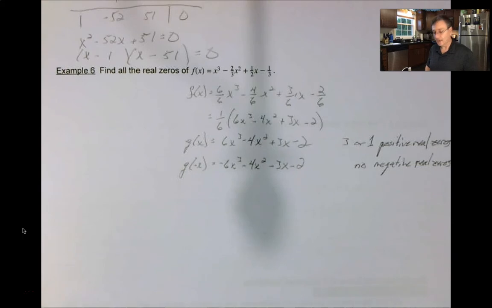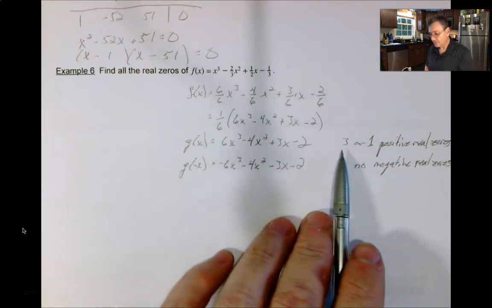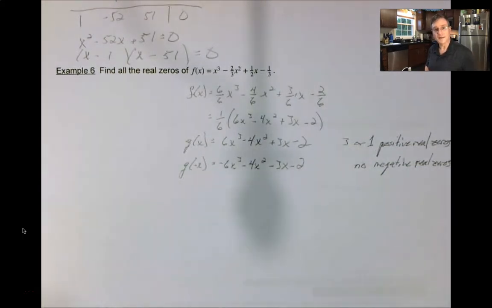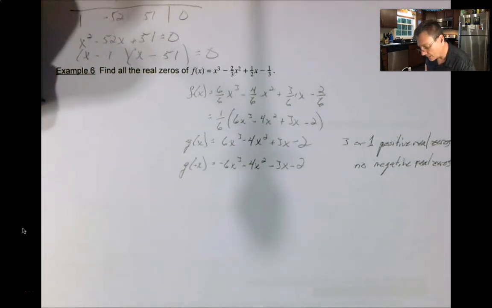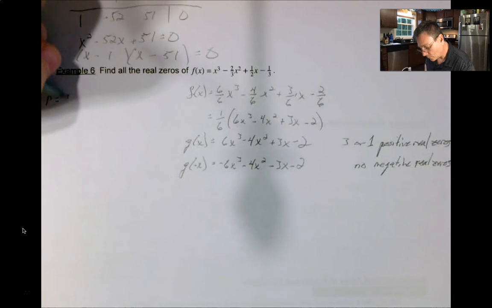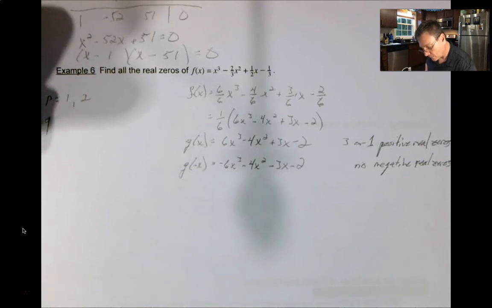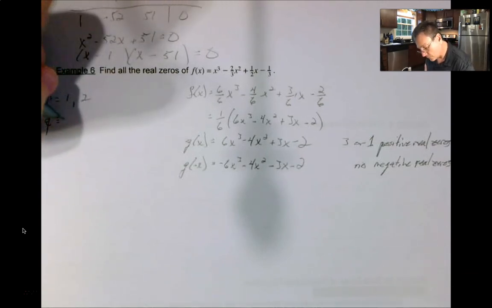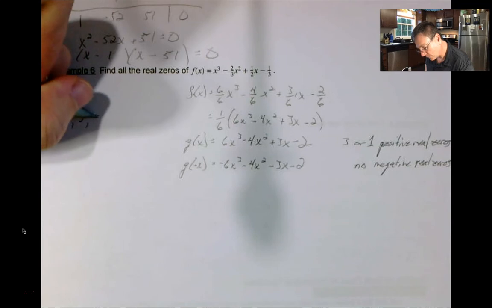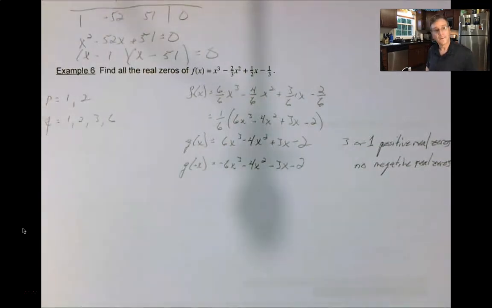So now when I do my P's and Q's, I only have to worry about the positive ones. All right, P equals 1 or 2. Not plus or minus 1, plus or minus 2, just 1 or 2. Q is 1, 2, 3, 6.